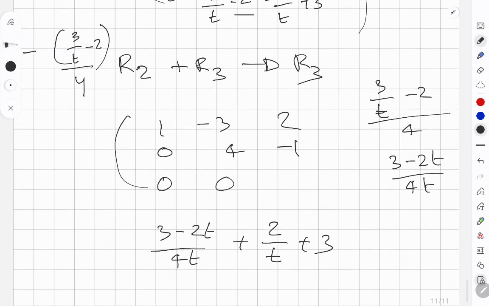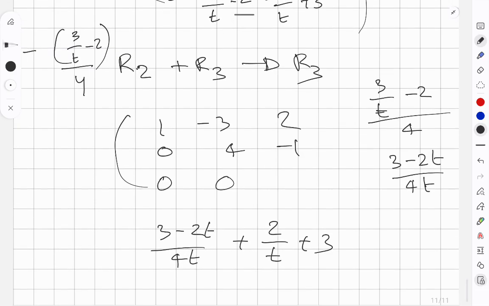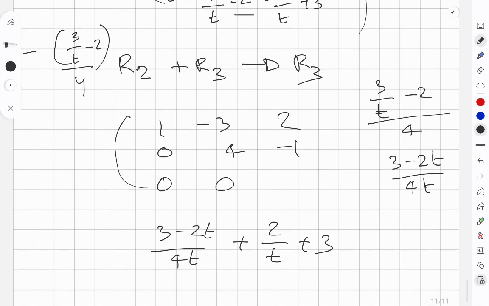Again take the LCM as 4t all over, so you get 3 minus 2t, and this one will be 8t plus 8t. And if I multiply 4t it is 12t.